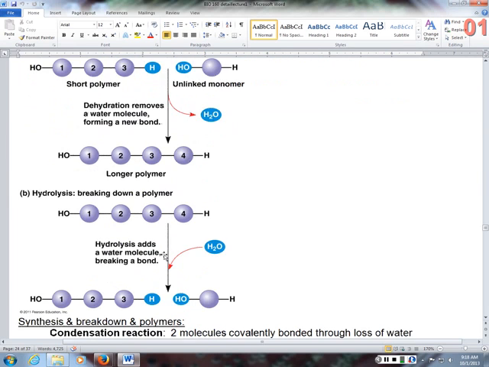The opposite is hydrolysis, which is going to break down a polymer. That's where you put water into it, and the hydrogen from the water attaches to the one, the hydroxide attaches to the other.